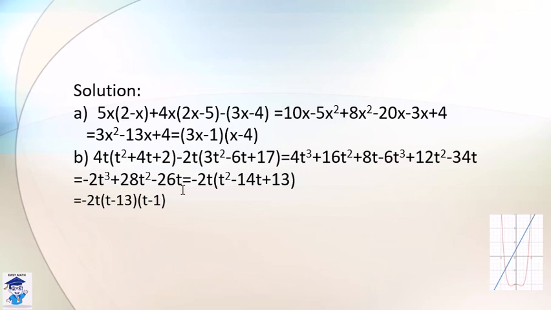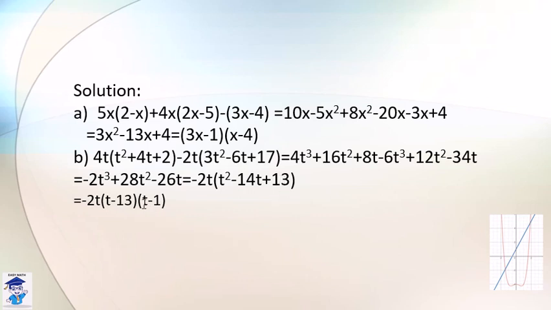So we take out the common term, negative 2t, in the bracket. Inside one is t squared minus 14t plus 13. So in the bracket, you can make this t minus 13 times t minus 1, because the last term is 13.